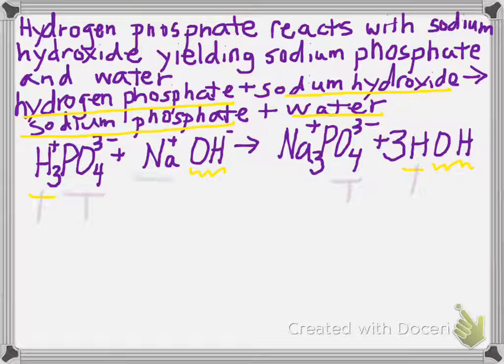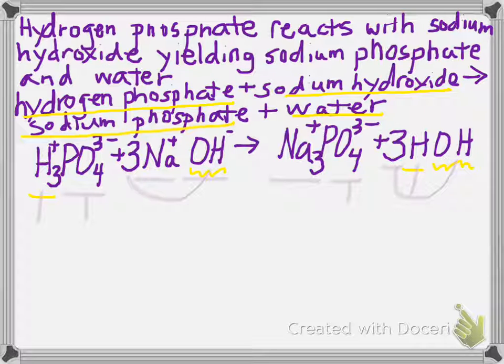Here I have 1 sodium. Here I have 3 sodiums, so I have to make that equal, so I'm going to add my coefficient of 3 in front of sodium hydroxide. Now I have 3 hydroxides here, and 3 hydroxides here. So it would appear that this is a balanced chemical equation.